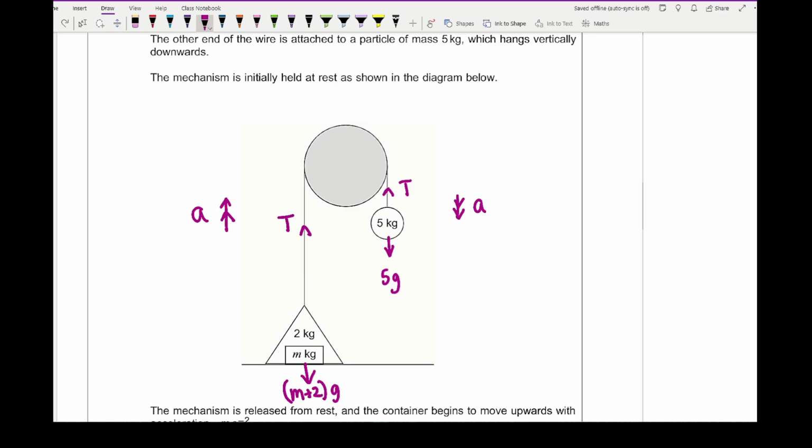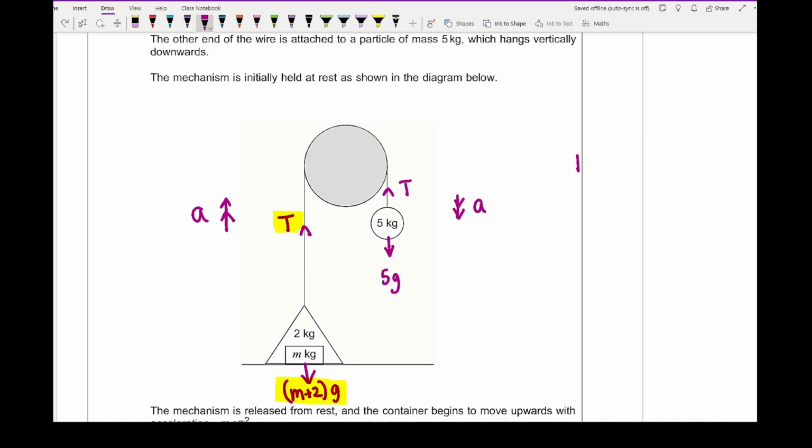What we have now is a system of simultaneous equations where we have two unknowns, the a and T values, and the first question asks us to find a. So if we set up a simultaneous equation, just do that at the side. If we look at system 1, which is the triangular shaped weight, we're looking at all of the forces acting upwards, since the system is going to move upwards. So it's our upwards force minus our downwards force.